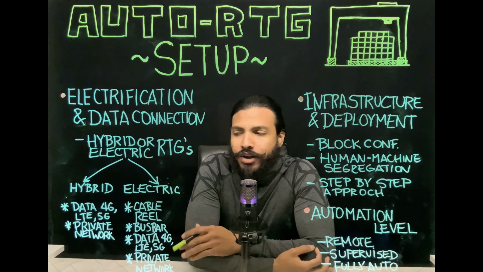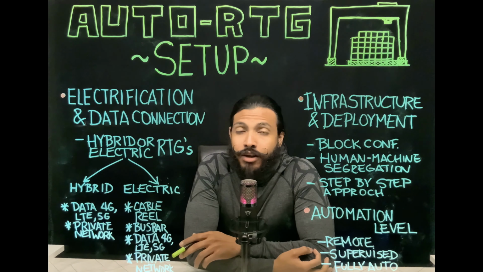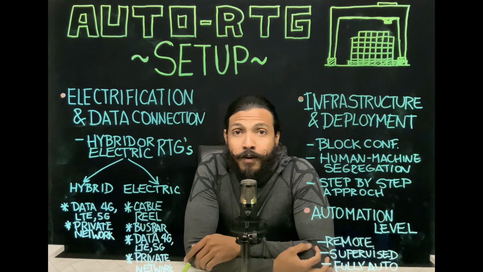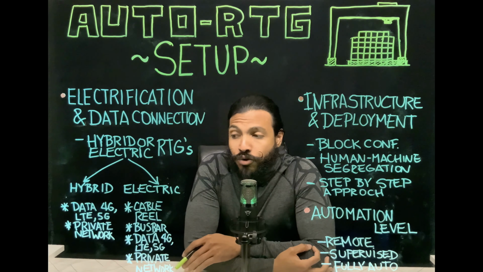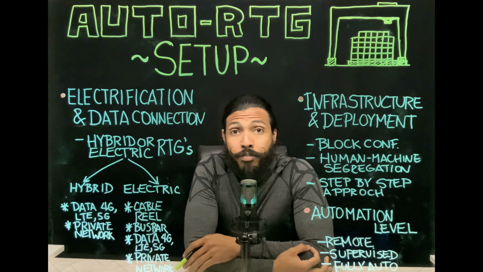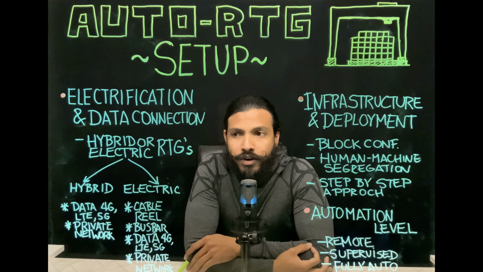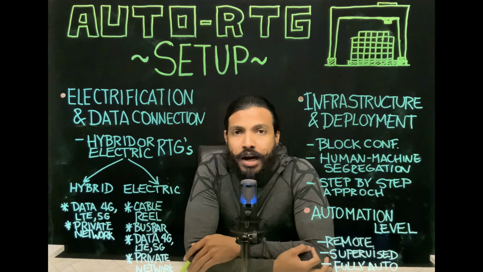That's why you should consider 4G options, LTE options, or probably 5G options that are currently in an earlier stage in our industry. You should also consider if you will be using a public network or probably a private network. So that's something you need to keep in mind when considering the hybrid solution.